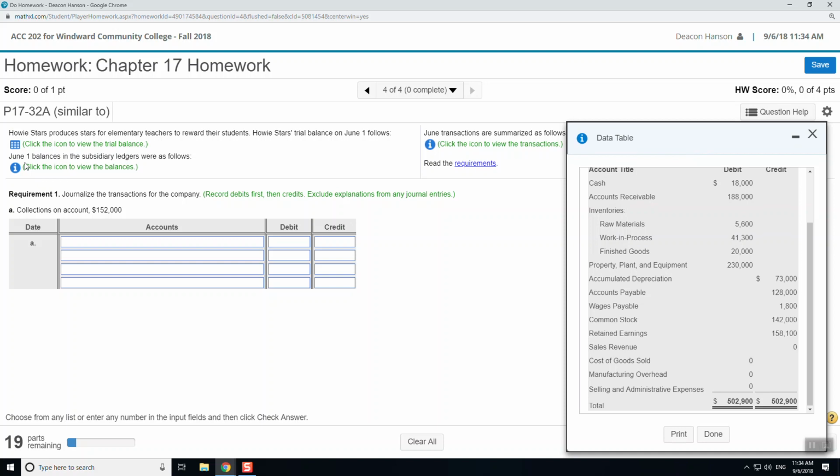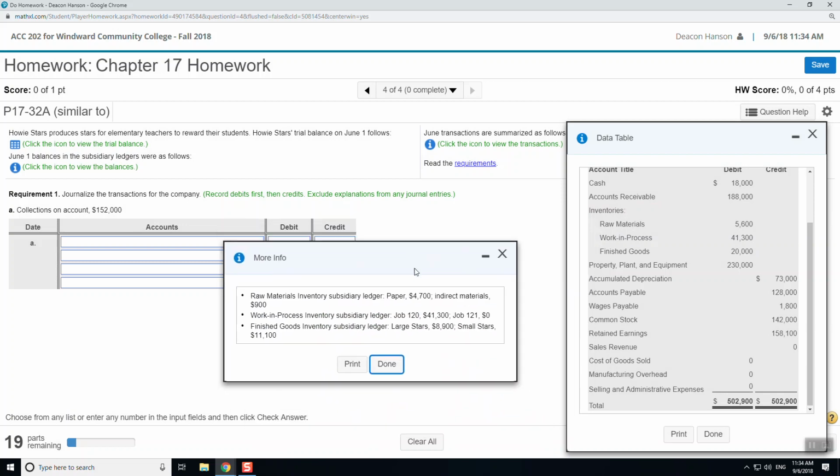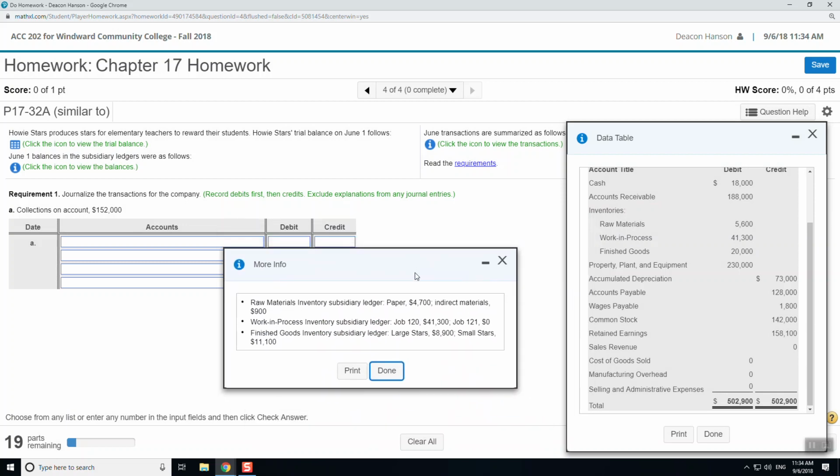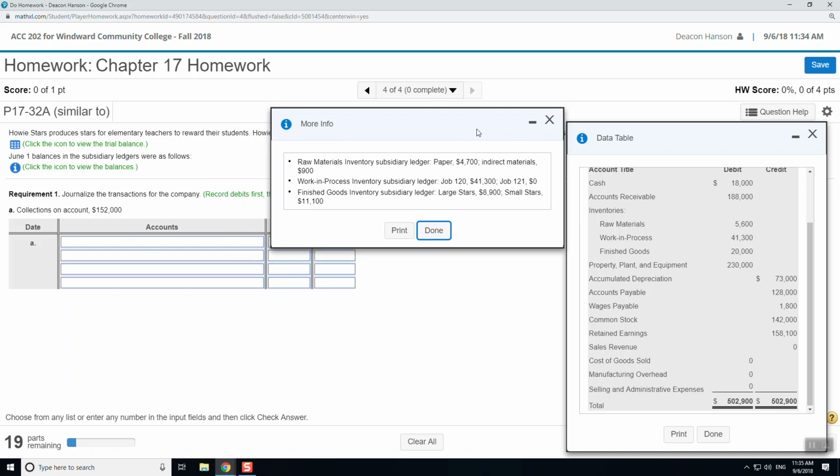June 1st balances in the subsidiary ledgers were as follows. Okay, so let's analyze this a little bit. I think what they're doing is giving us the inventory balances: raw material, work in process, and finished goods.